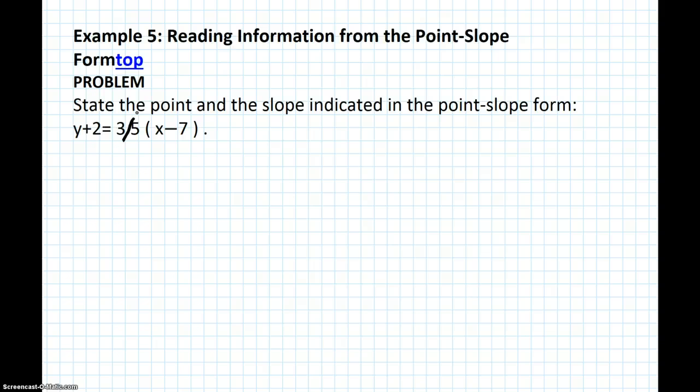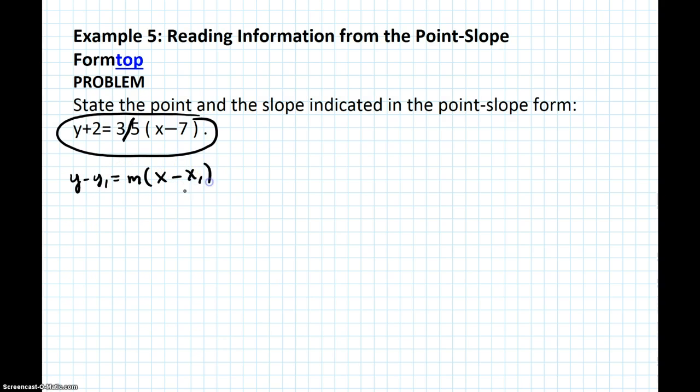Reading information from the point slope form. State the point and the slope indicated in the point slope form. This is already in point slope form. Point slope form is y minus y1 equals m times x minus x1.